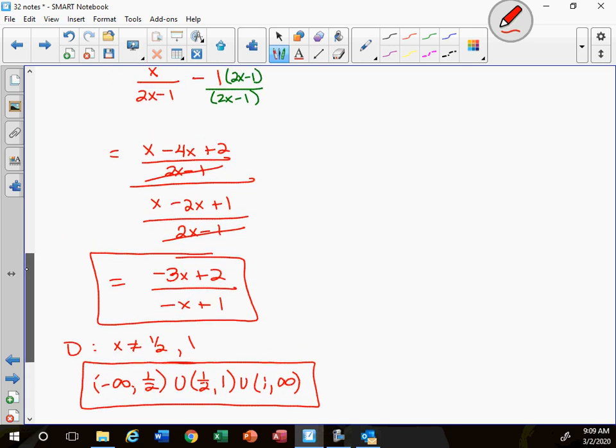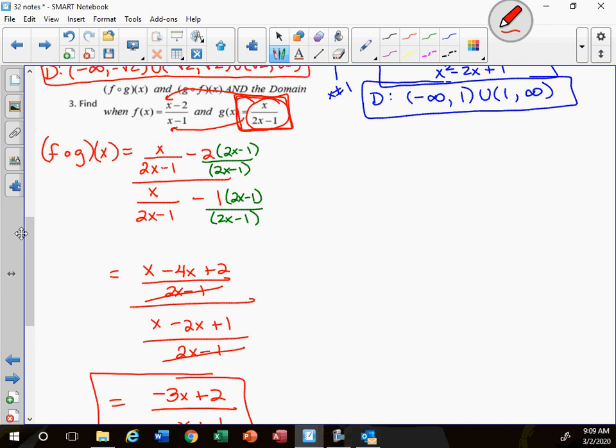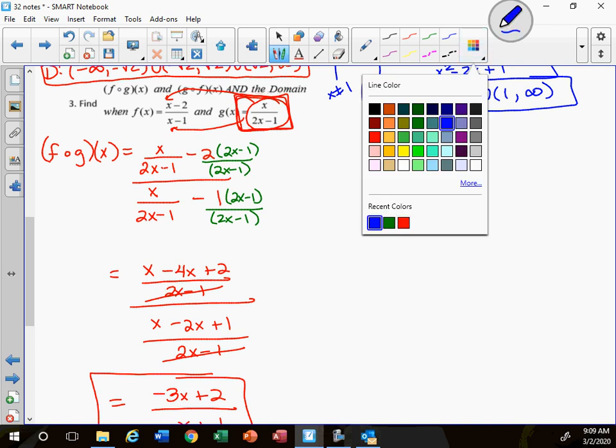Okay, I want you guys to try g of f of x on this one. See if you can do it.